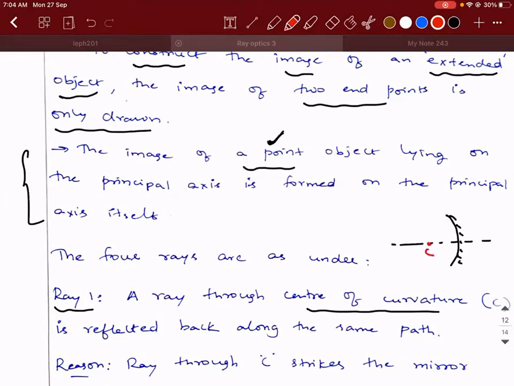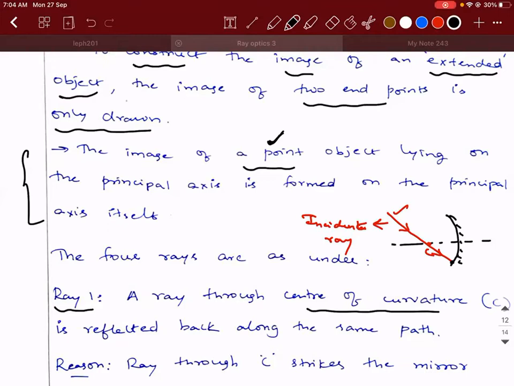If you take a ray, the angle of incidence is 90 degrees, sir. Can you repeat? The angle of incidence is 90 degrees? Is it 90? 0 degrees, sir. Yes. Because when it is hitting the mirror, what is the first step that you are supposed to do to draw a ray diagram?